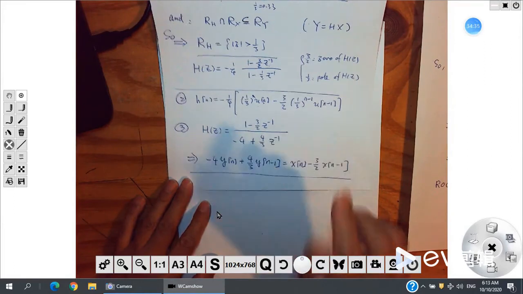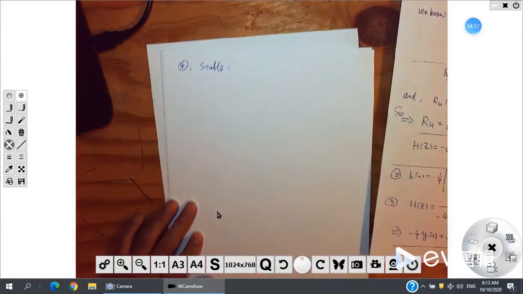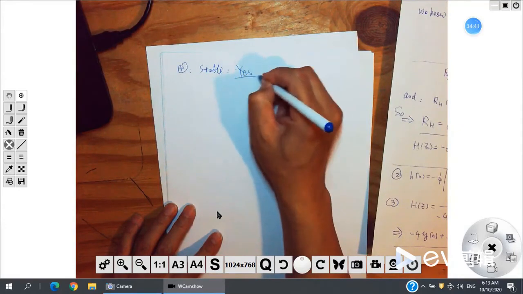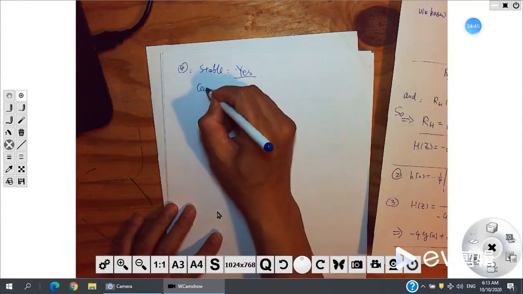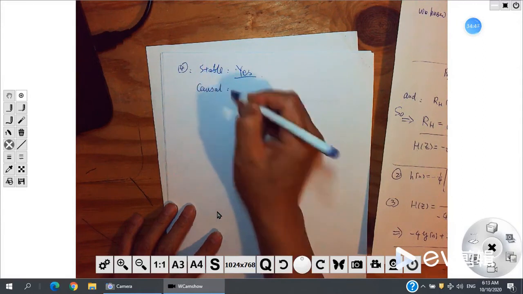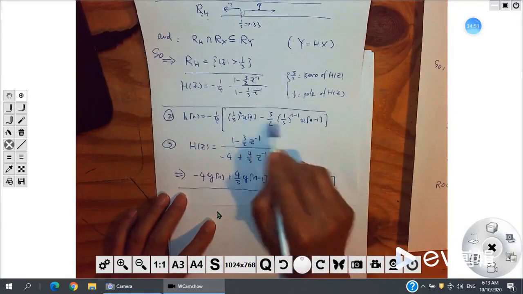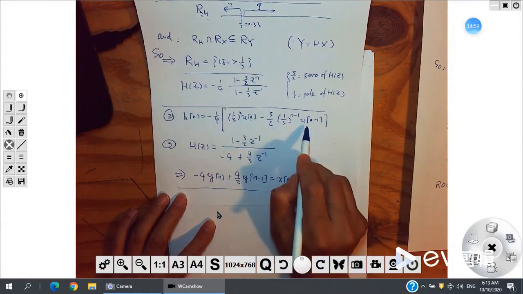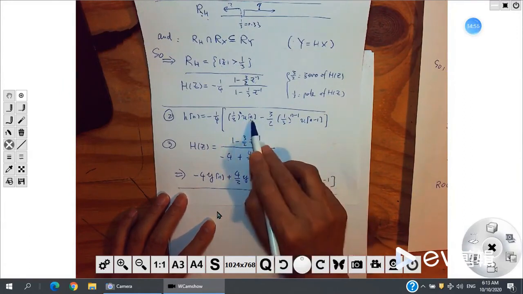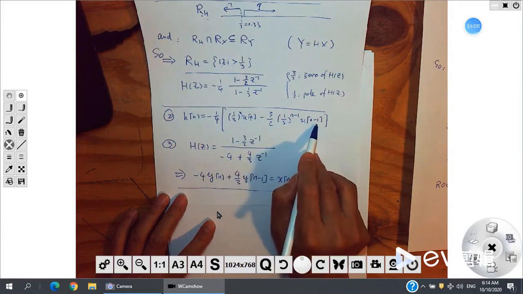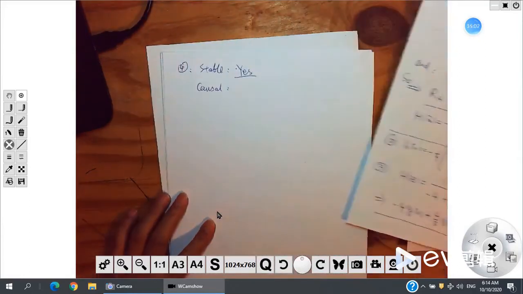All right, so we can say yes, it is stable, and causal. You are checking for negative n's whether they are 0. Yes, they are 0, right? For negative n, because of u of n and u of n minus 1, we know it is causal.